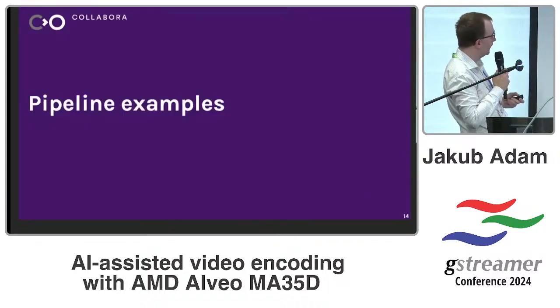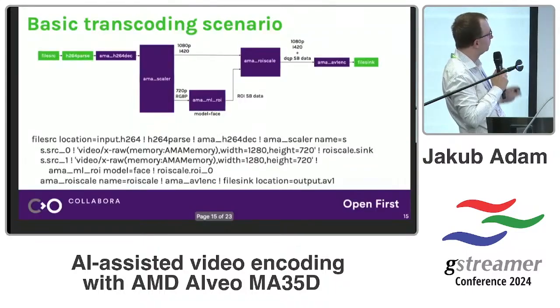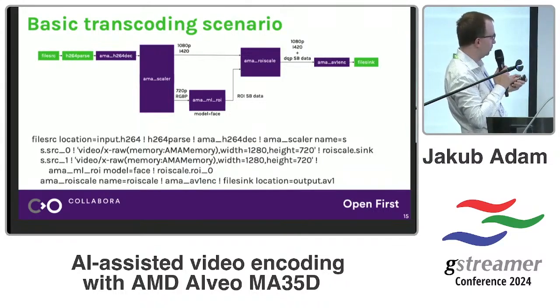So some example pipelines. First one, some basic transcoding scenario where you want to take some video in a higher resolution and downscale it. So you need two inputs to feed your ROI scale. There is AMA scaler element for it that can do video scaling and also pixel format conversion.